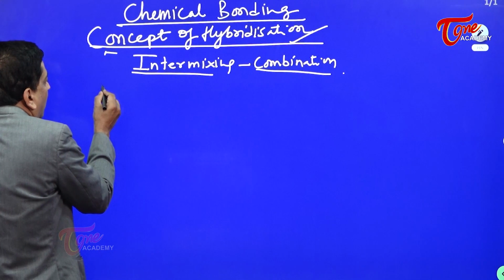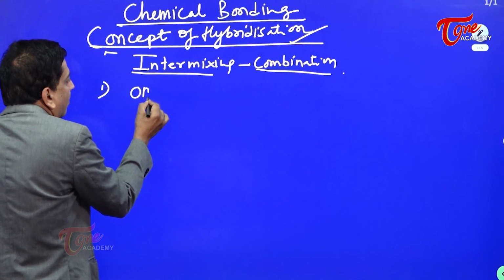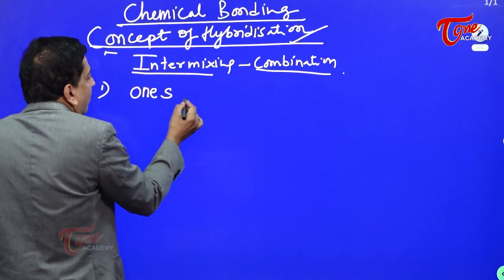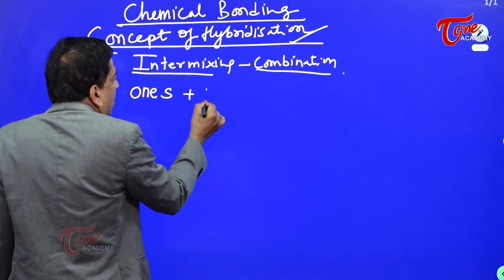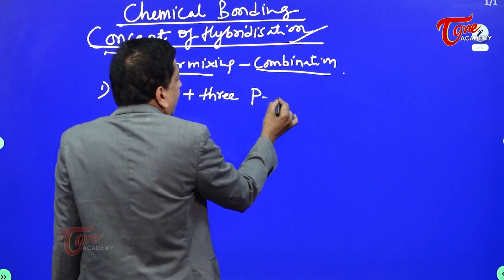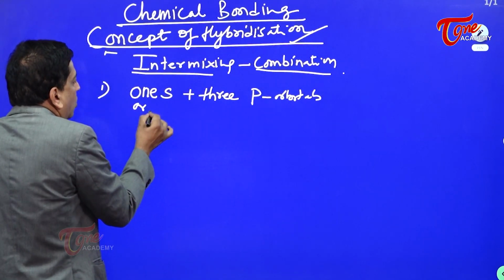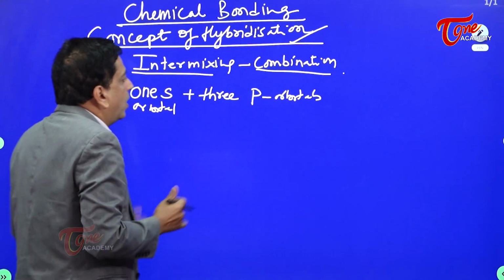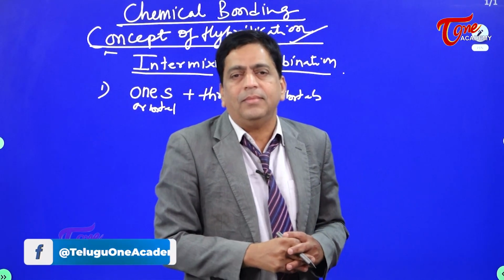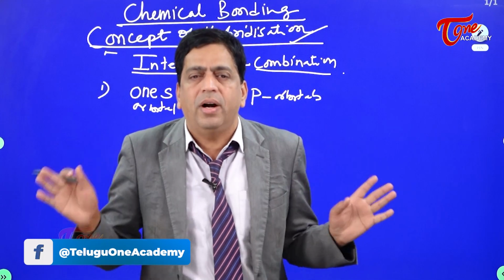The first intermixing is one s and three p orbitals. And remember, all this is happening in an atom, before bonding.